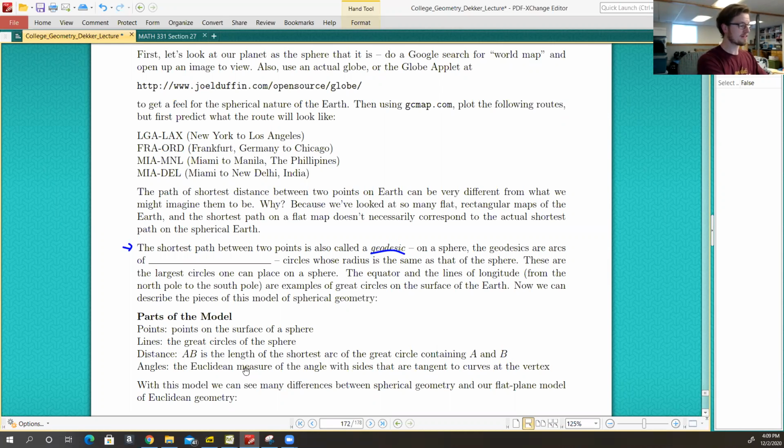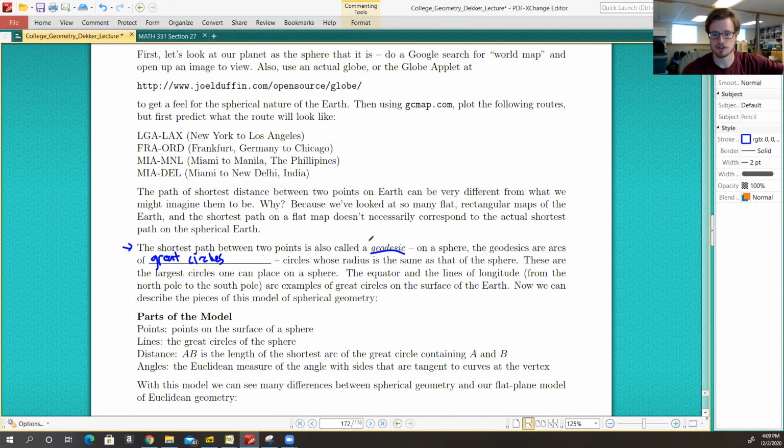But because they split the sphere in half, these are actually called great circles, which are circles whose radius, if you think of it as a circle in three dimensions, the flat circle, is the same as that of the sphere.